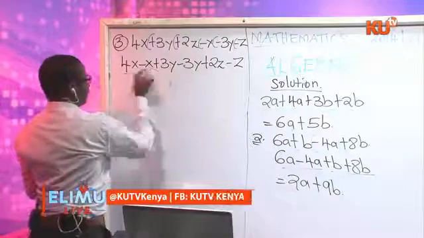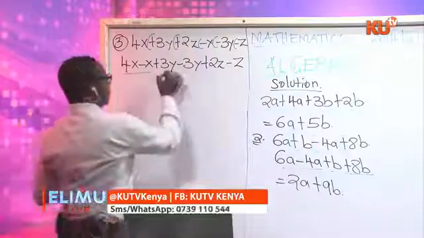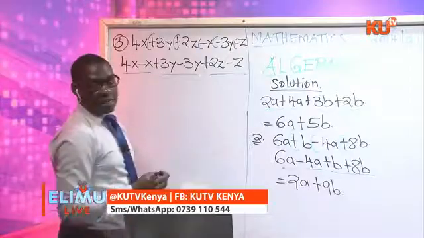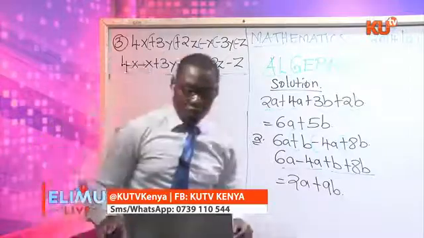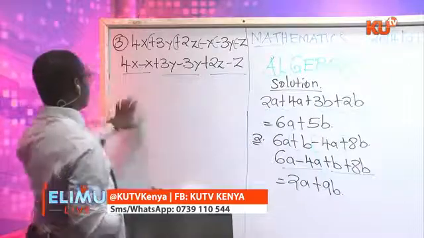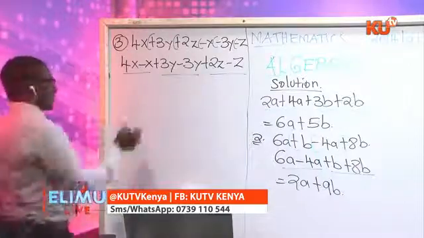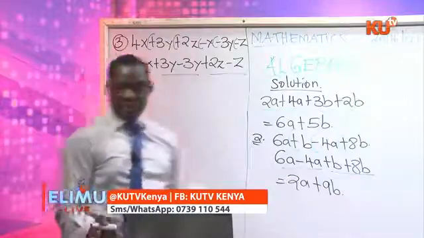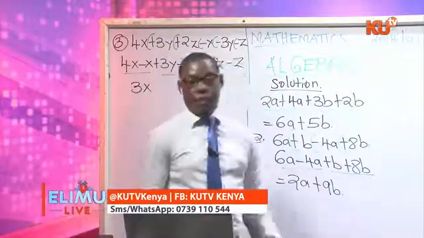We have 4x minus x. We have 3y minus 3y. We have 2z minus z. That is called collection of the like terms. Then we solve 4x minus x, that is 3x. 4x minus x, that is like 4 minus 1. So 4 minus 1 is 3.